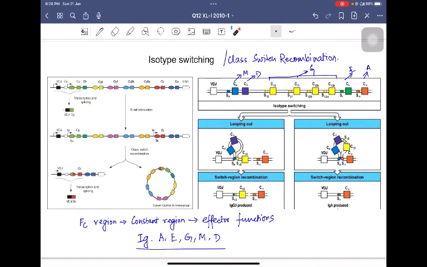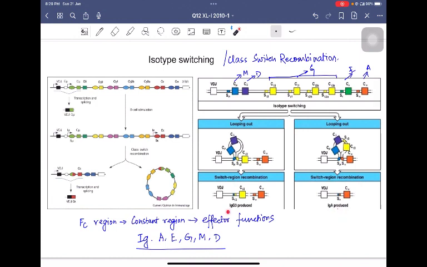Here we can see that C mu, C delta, S gamma 3, which is the switch region, and C gamma 3, these all are spliced out or excised out. The next one is C alpha. Therefore, this antibody will be of IgA isotype.